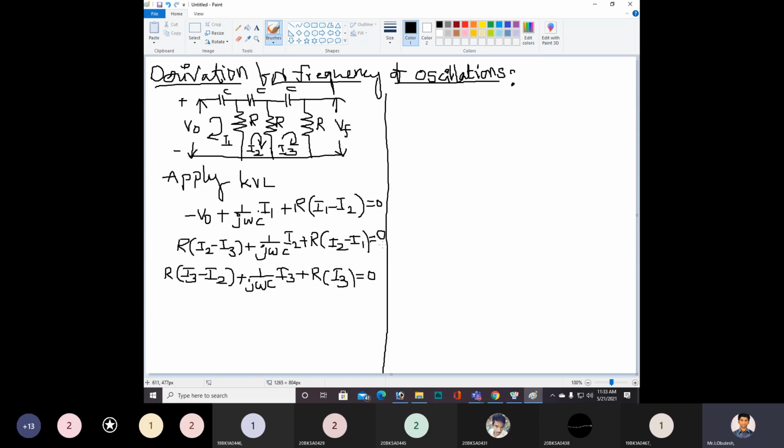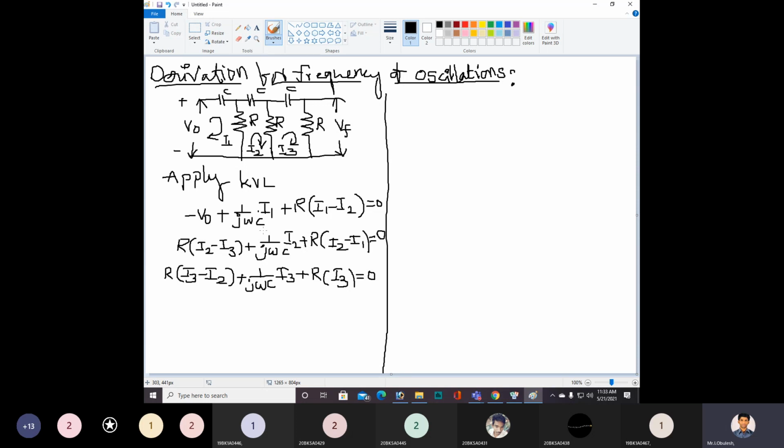For the third loop, R into I3 minus I2 plus 1 by j omega c into I3 plus R into I3 is equal to 0. So these are the various loops, KVL equations. The various loops KVL equations are these three.